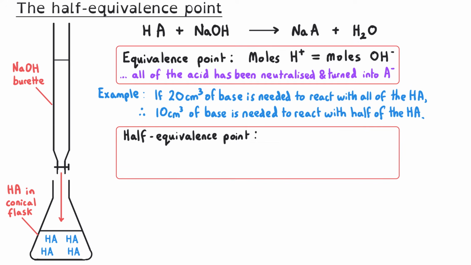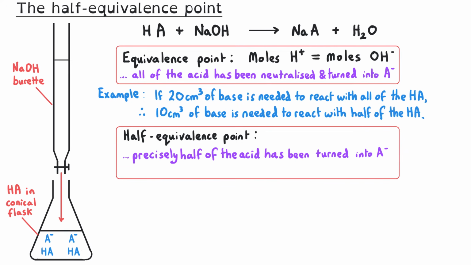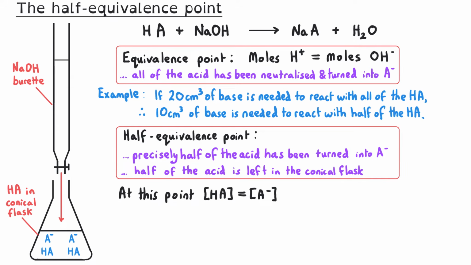And at this point in a titration, precisely half of the acid has been used up and converted into the salt, A-, and half of the acid is left unreacted in the conical flask. And this means that the concentration of unreacted acid, HA, is exactly equal to the concentration of the salt that has been produced, A-.